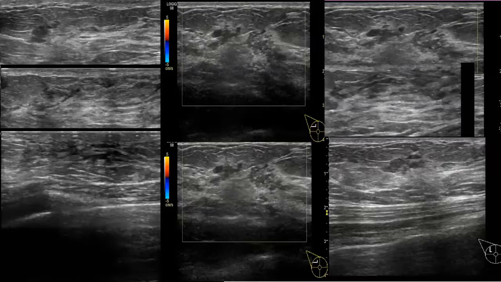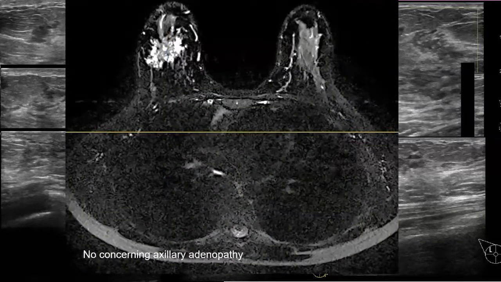Okay, parenchymal lesions for biopsy associated with ductectasia, and there are some small cysts scattered in both breasts. So the patient has lesions in the outer upper central and bilateral fibrocystic changes. This is the MRI. In the MRI, this area showed heterogeneous enhancement in the right breast.